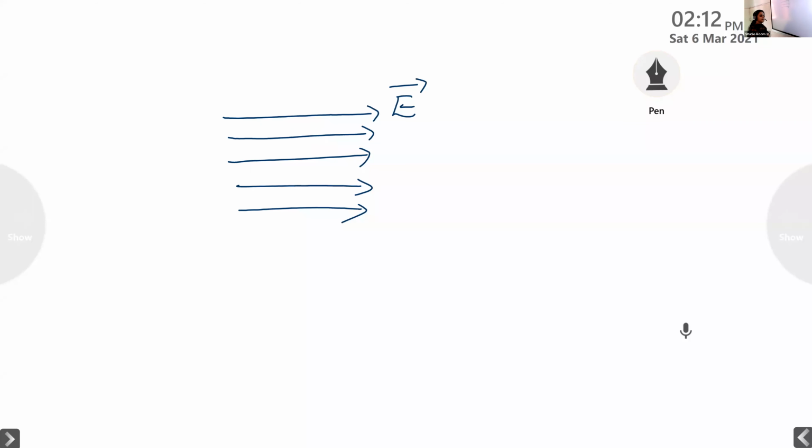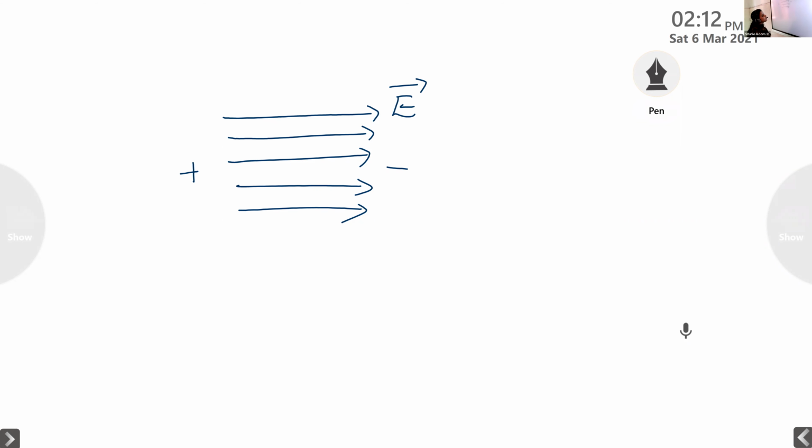Positive to negative. So this side is positive and this side is negative, because the electric field originates from the positive charge and terminates in the negative charge.